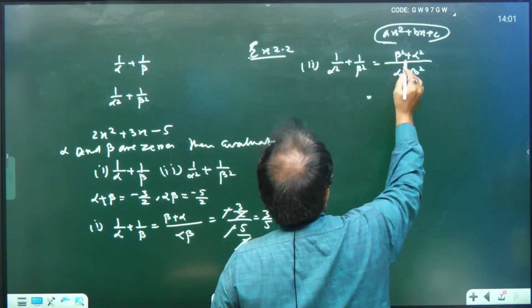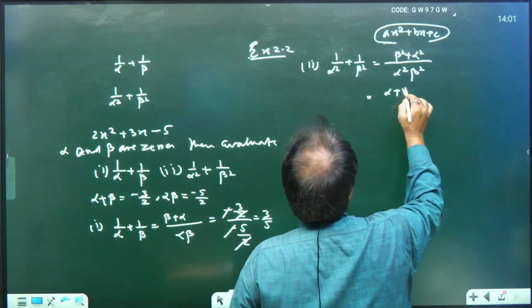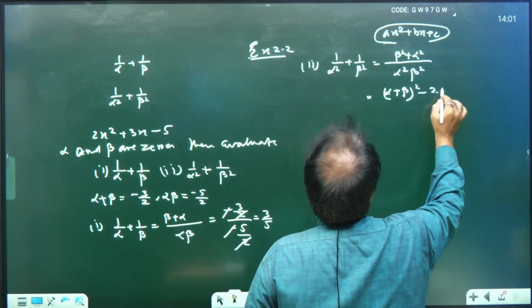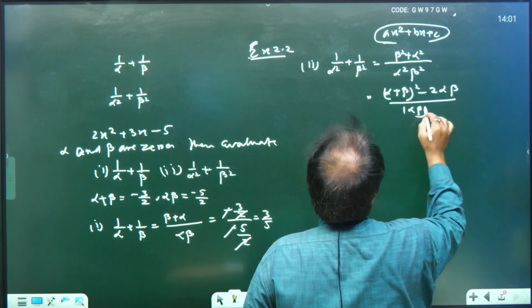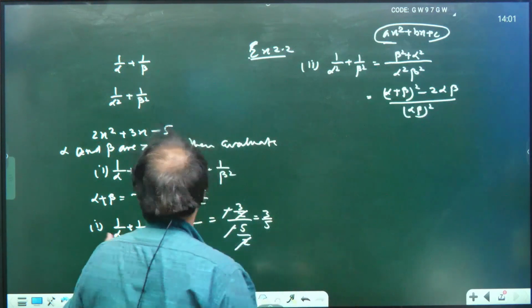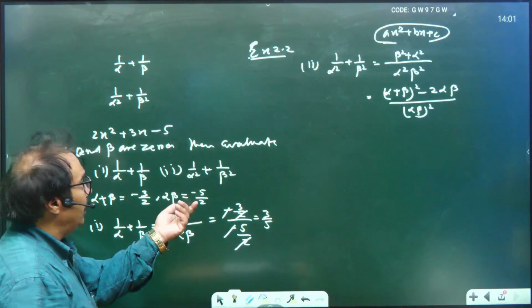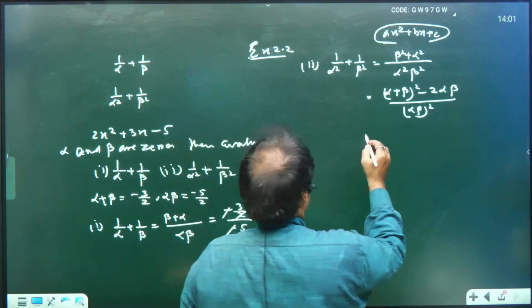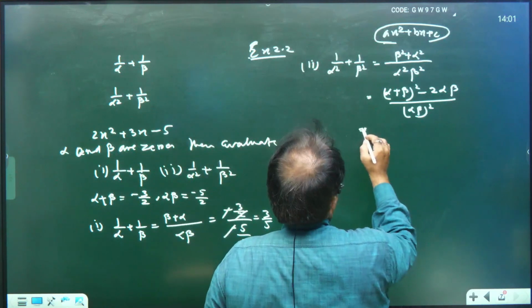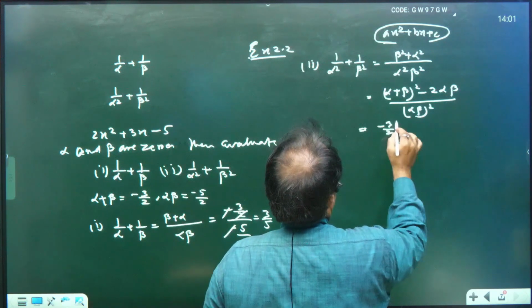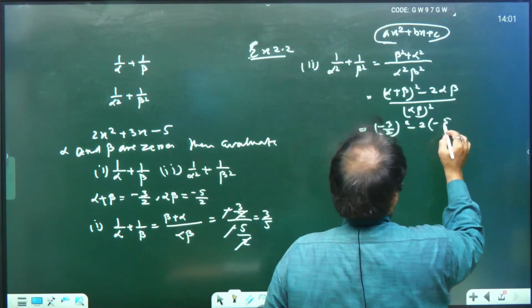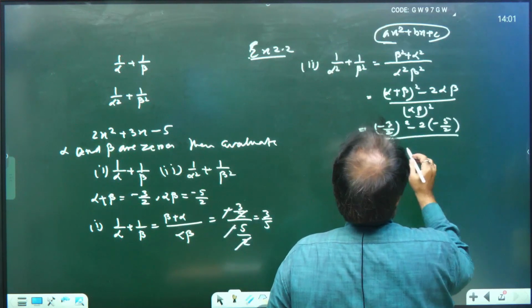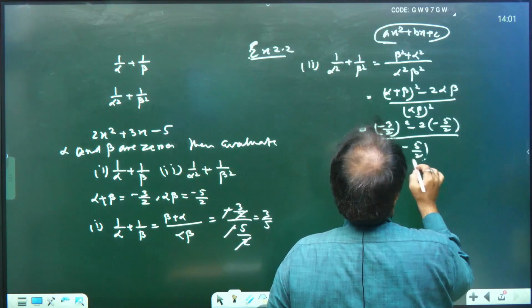Now apply the formula. So this is alpha plus beta whole square minus 2 alpha beta, upon alpha beta whole square. Now put the values of alpha plus beta and alpha beta. So this is minus 3 by 2 whole square minus 2 into minus 5 by 2, divided by minus 5 by 2 whole square.